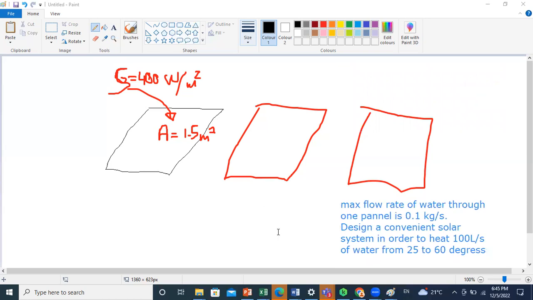Okay, so first, whenever we give this, we should also give the efficiency of the panels. So we give also that the efficiency of a panel is equal, let's say, to 85%. And the absorption coefficient of the panel alpha is 90%.